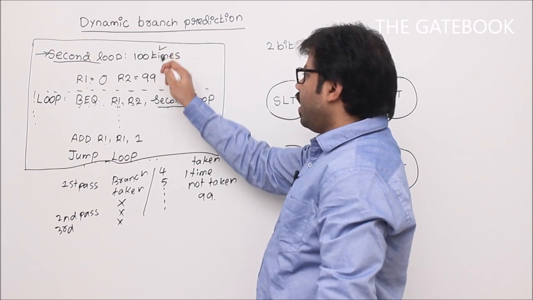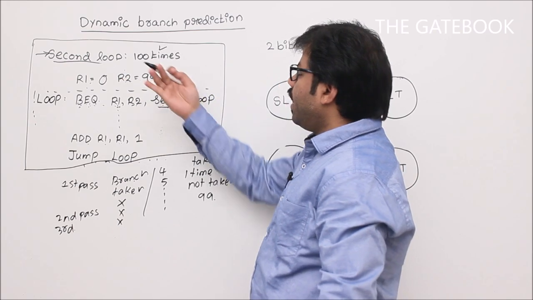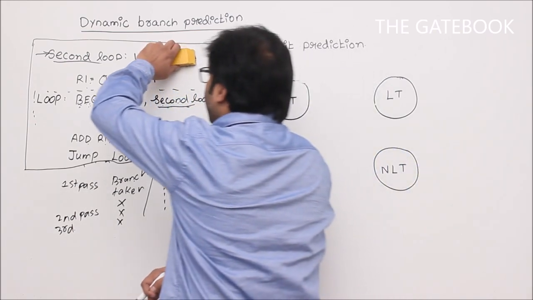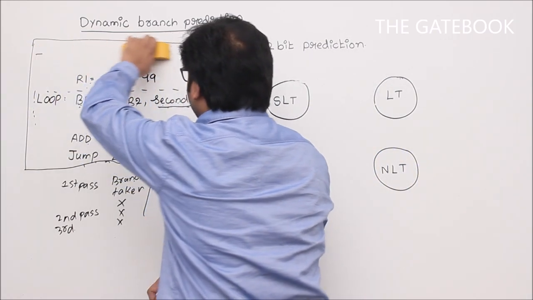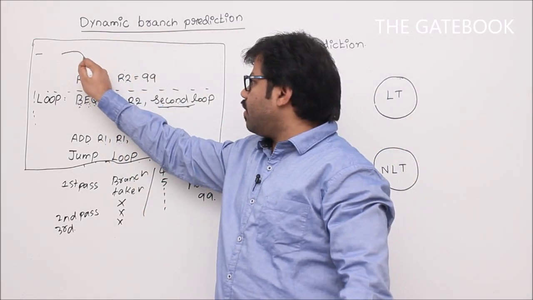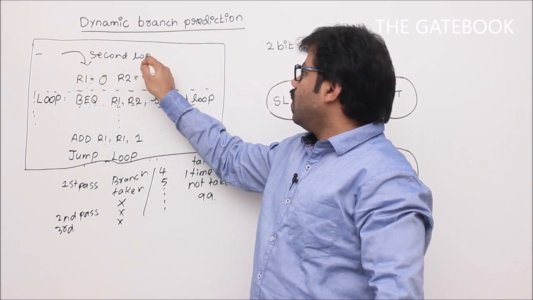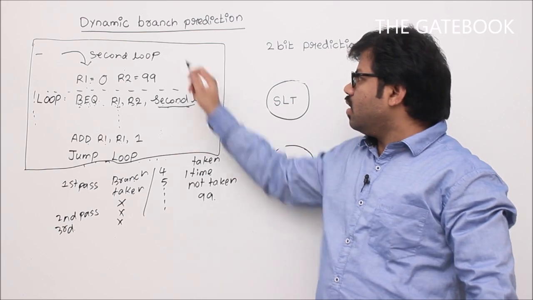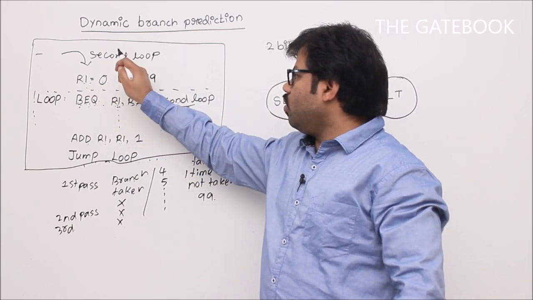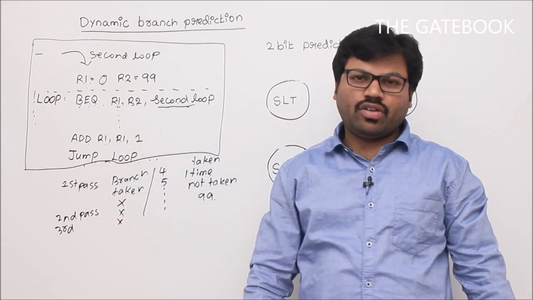The second loop is going to be executed 100 times. In the second loop, again R1 will become 0, R2 will become 99, and we will begin again. Try to understand.